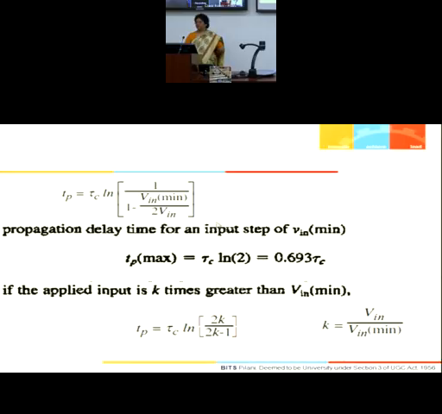Suppose your input is a step input of V in minimum, suddenly from 0 to V in min. So V in min and V in min cancel out, and then you simplify, it comes out to be tau C ln of 2, that is 0.69 tau C.